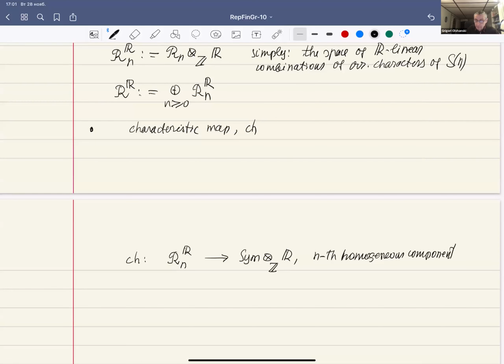So this is a map from this vector space to the vector space of symmetric functions homogeneous of degree n.